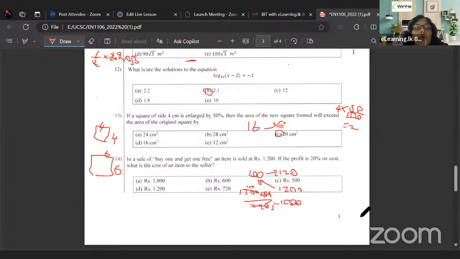It asks, what is the cost of an item to the seller? We receive the cost as 1000. Since he has kept a profit, this 1000 is the value of both items. Therefore, one item is sold at 500, right?